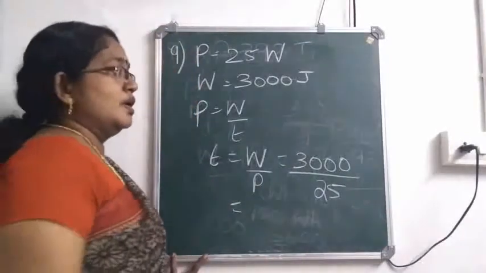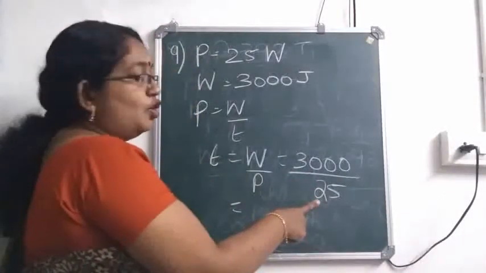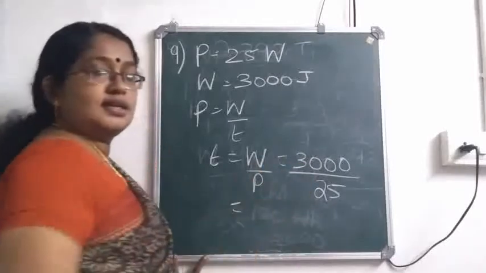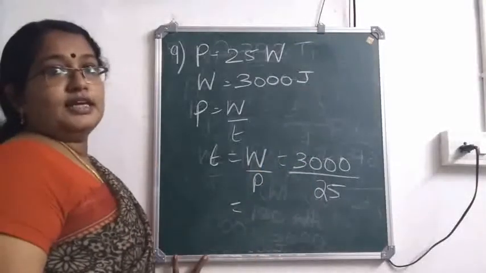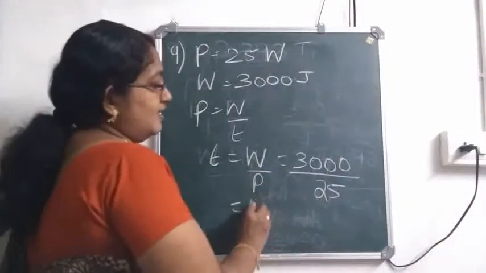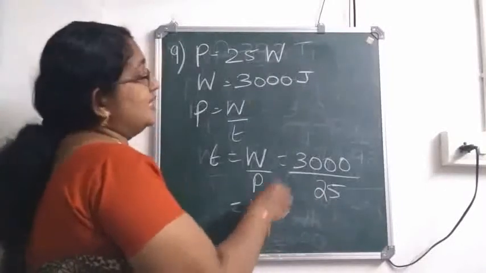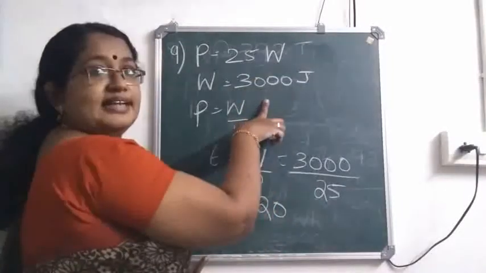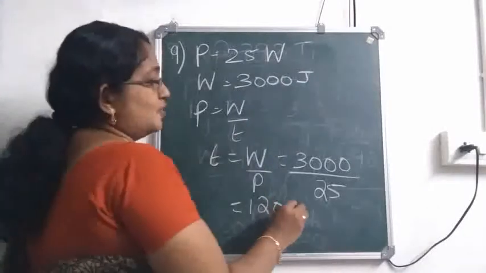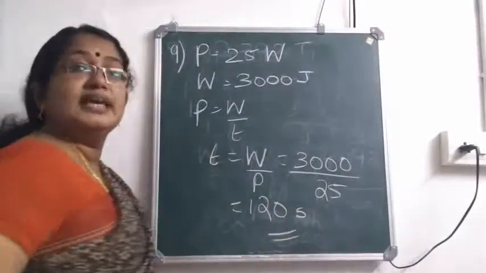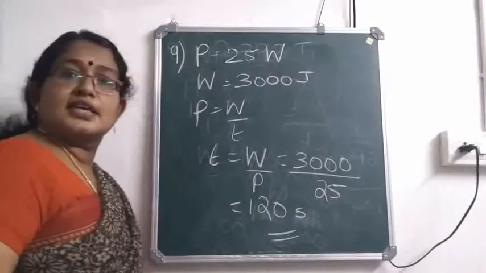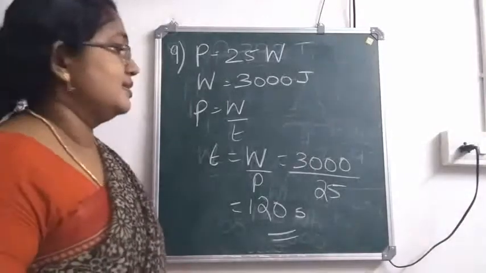Now, in 30 , 25 will go 1 time, then 4 times, 4 into 25 is 100, 12... 1 0 is there. So, the answer will be 120. Power and work are given in SI unit. So, naturally, time also will be in SI unit. So, it is equal to 120 seconds.